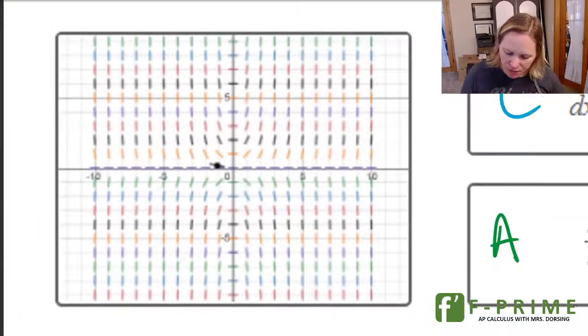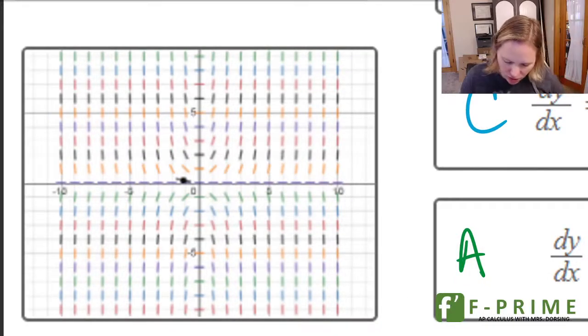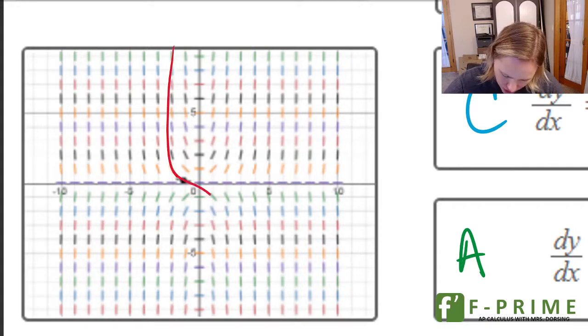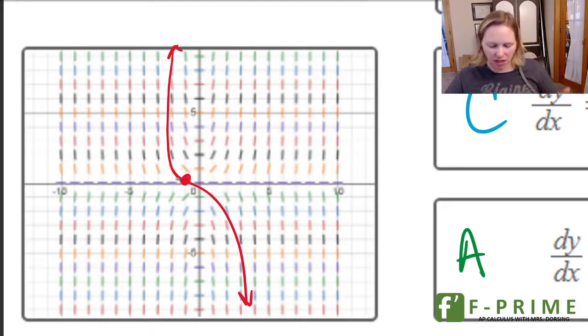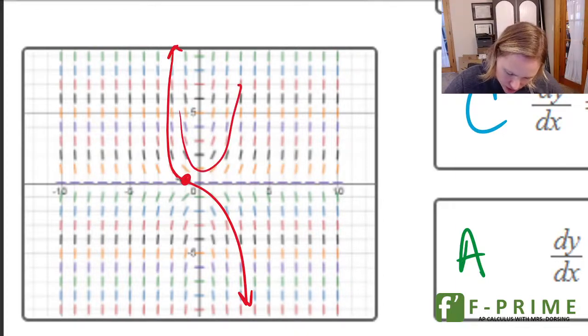But this function right here could be a really great function for trying to figure that out. It almost looks as though this function follows kind of this path right here. So you could very easily plot that point and sketch the graph through there. Now, it might actually go kind of like this.